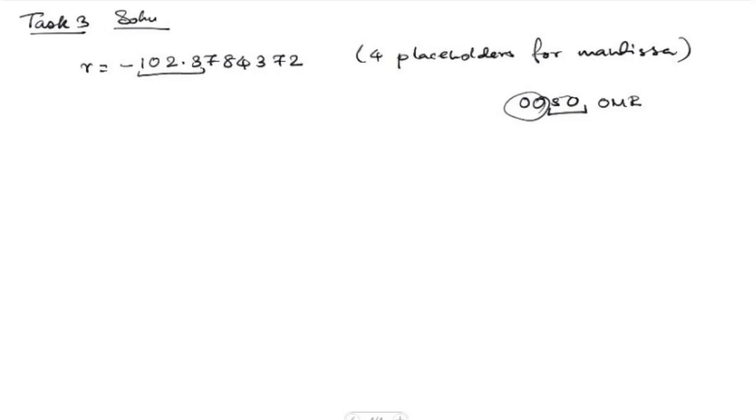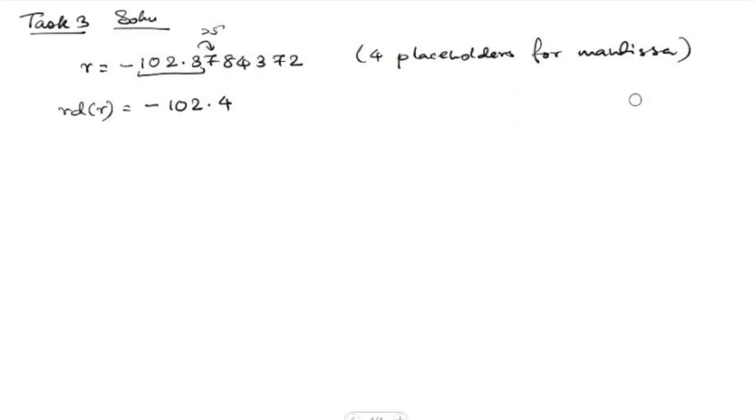These are the 4 significant digits that will fill up the mantissa. And then we'll round it up and check the next number. Is it greater than 5? Yes, it is greater than 5. So in that case, we'll add 1 to the 3. So the rounded r will be minus 102.4. That would be our answer.